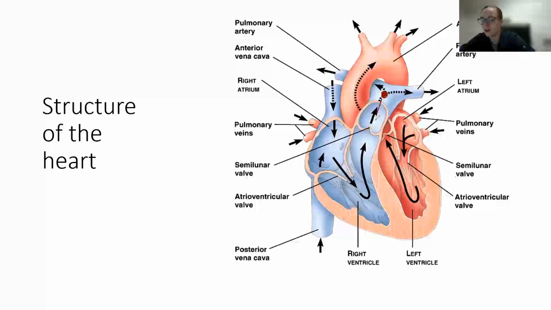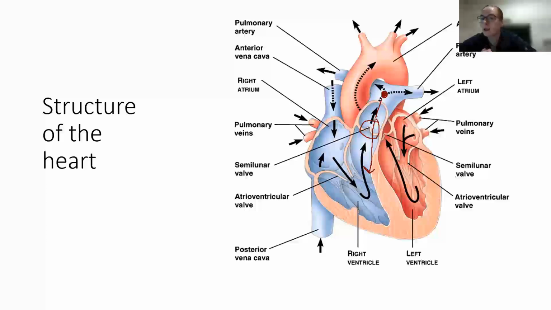And it's going to try and fall back into our ventricle once the heart's at rest. What's going to stop that? The semilunar valve is going to stop it falling back into our ventricle. Okay? So it's just going to stay there until the next dub where it gets forced out again. So remember, this is happening simultaneously on both sides of the heart.